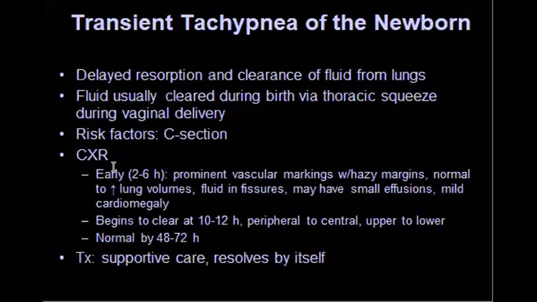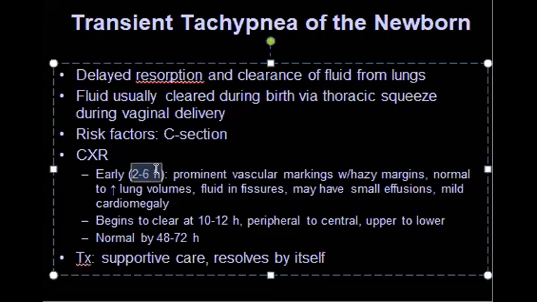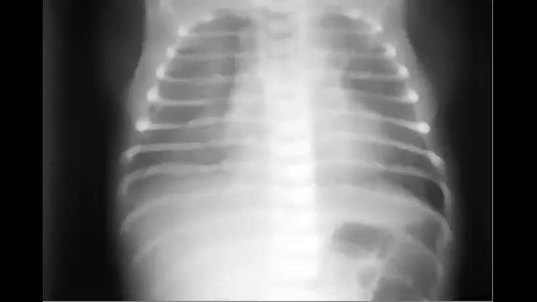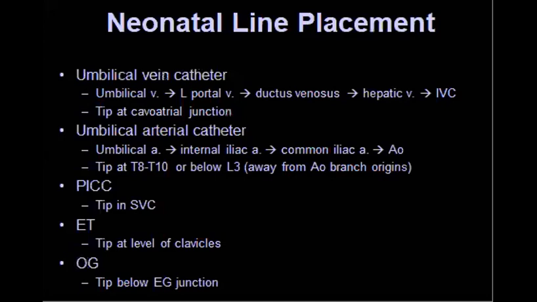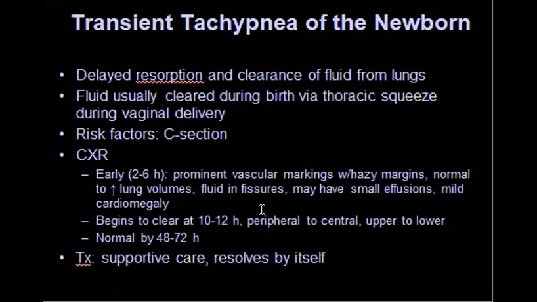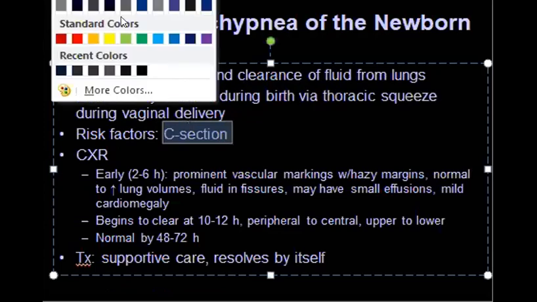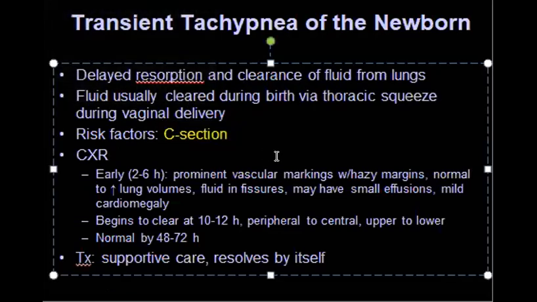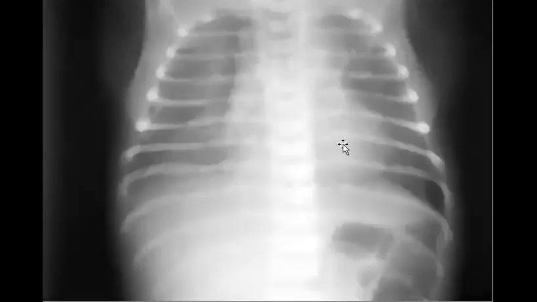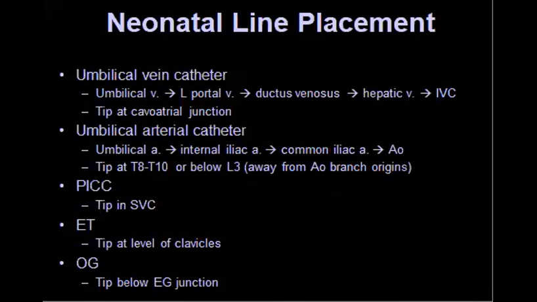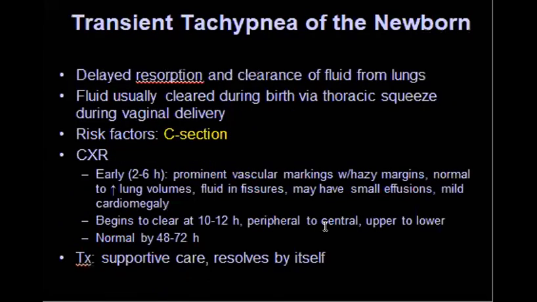In the chest X-ray, it takes 2 to 6 hours early. That's why the MCQ mentioned here that it was already 6 hours. They like to mention in the MCQ that the history has something like cesarean section. The fluids like to be in the fissures, so maybe you can find streaky opacities.